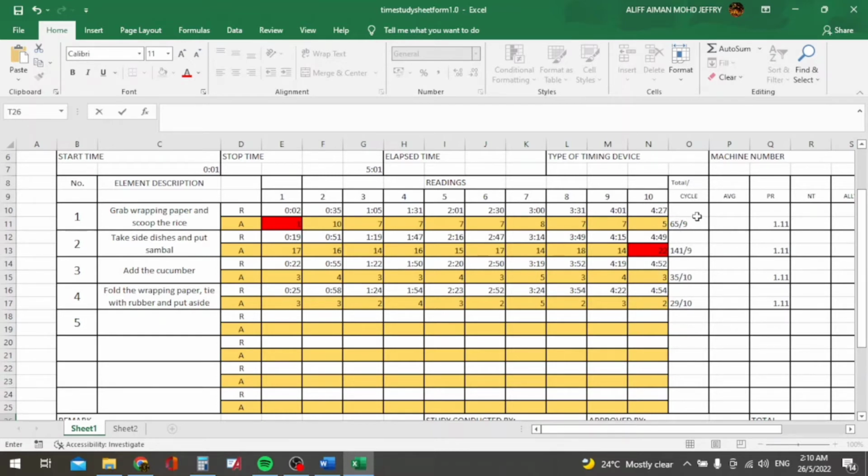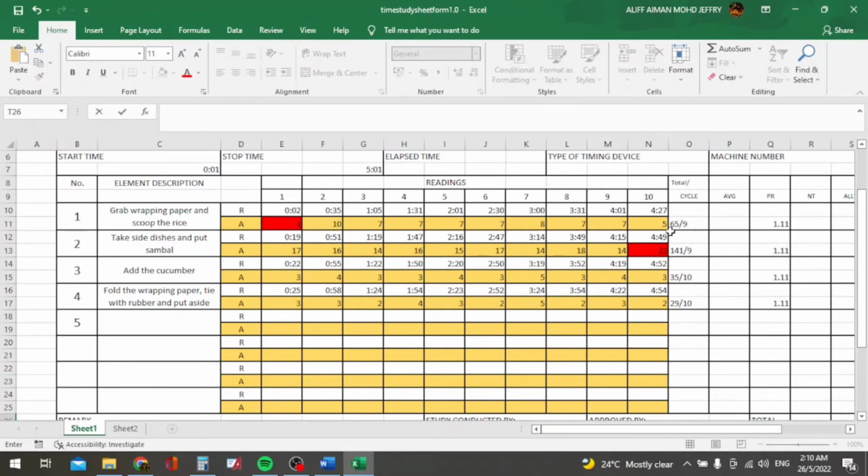When we have outliers, we don't take the outliers into the calculation. So we only calculate 9 cycles. We must highlight it; we don't take it into our calculation.